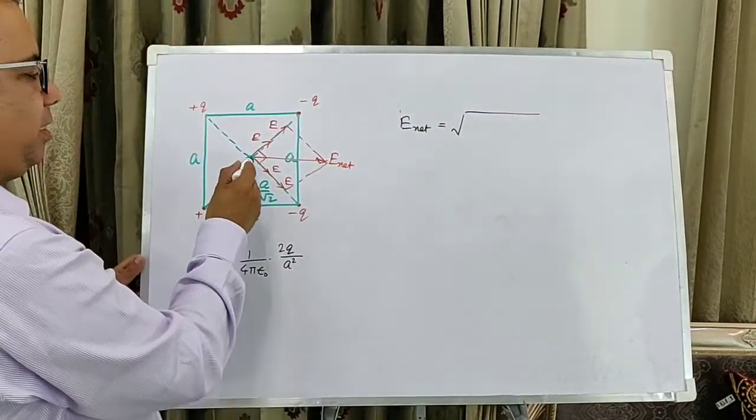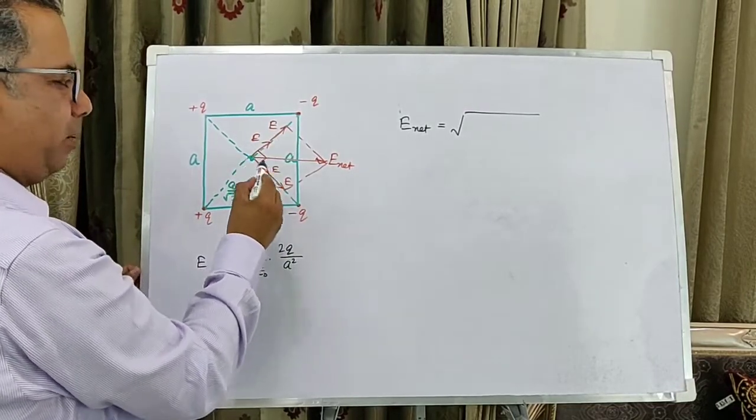Of course this net field will be equal to the root of, now see, this is 2E and this is 2E and they are perpendicular to each other.